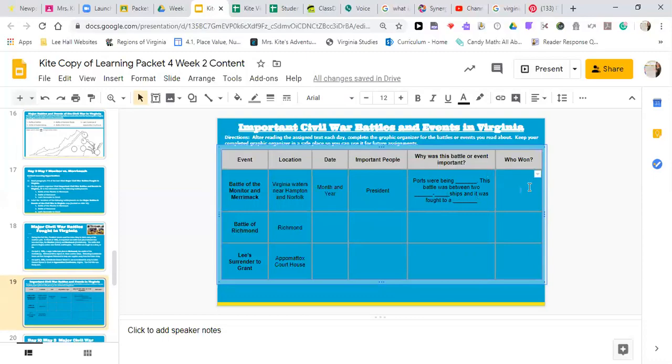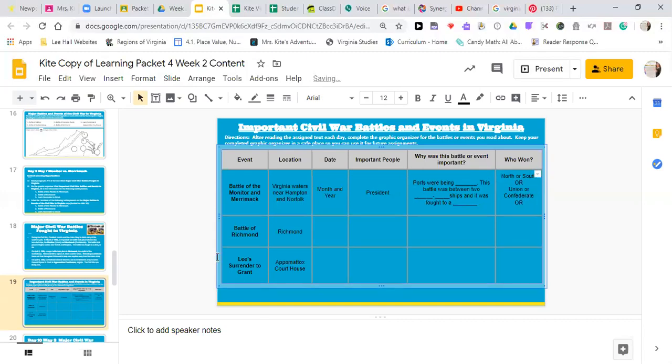So over who won, you're going to again give me, was it North or South, Union or Confederate? And if you are listening, another option is no one, because if it was fought to a draw, what does that mean? Who won? It's completely okay to say no one. So we'll go ahead and put that.